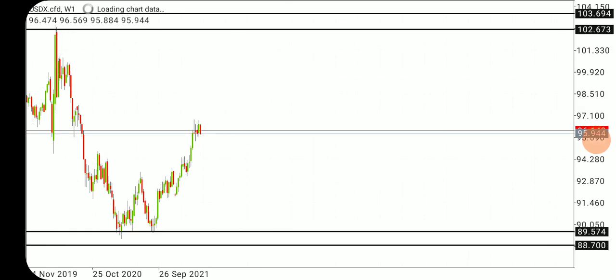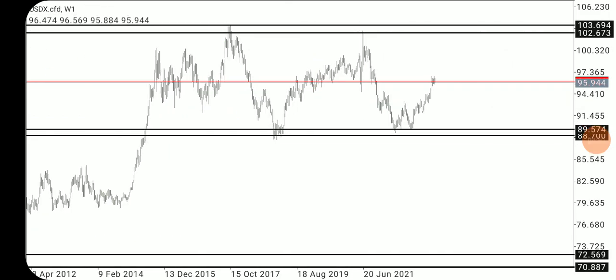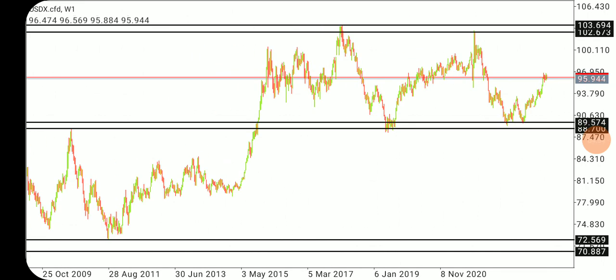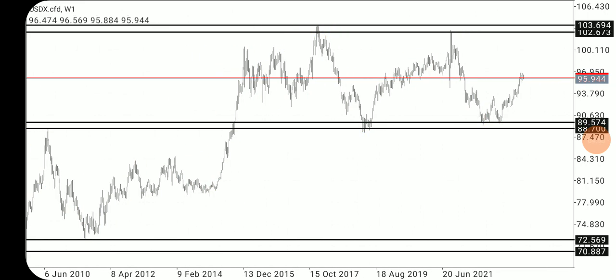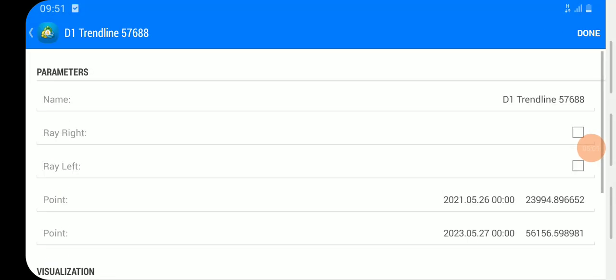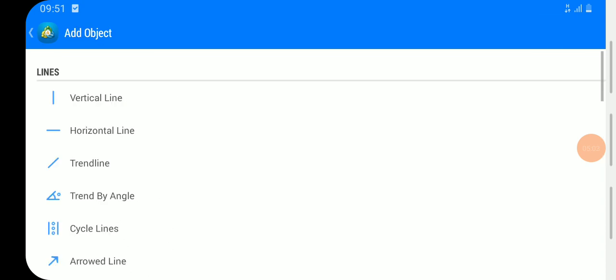Let's go to weekly. On a weekly time frame, we can see it is in a range.